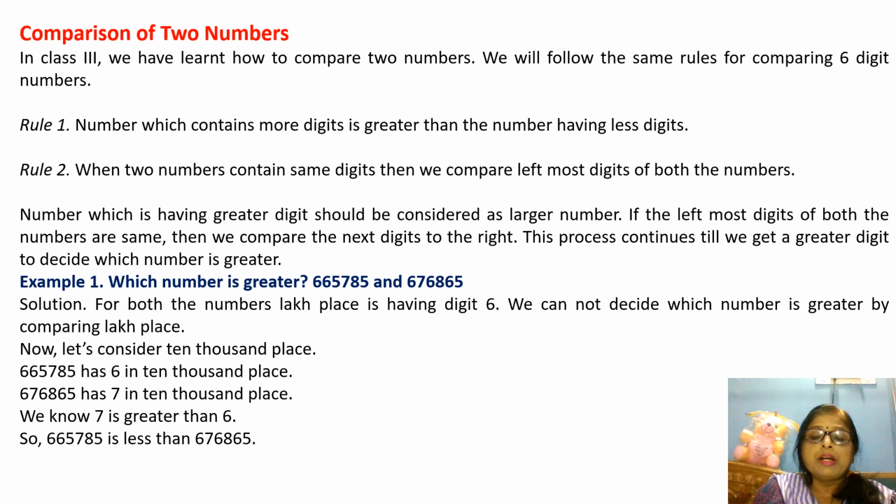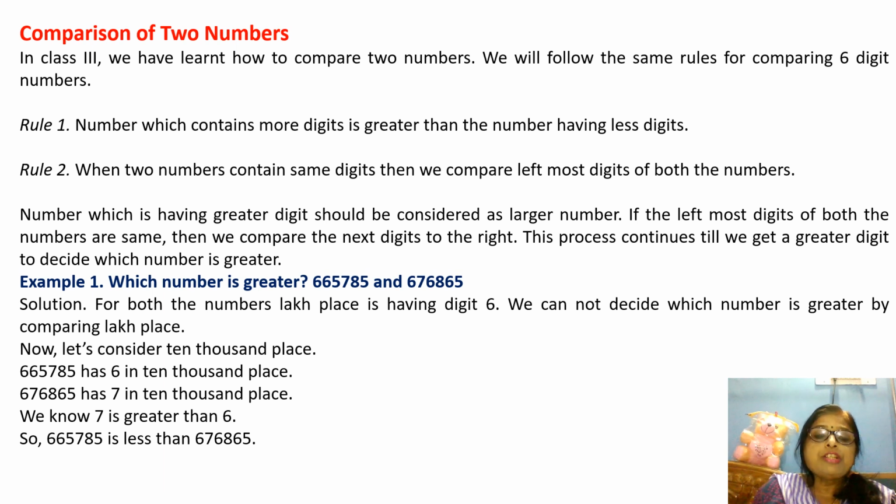The number which has the greater digit should be considered as the larger number. If the leftmost digits of both the numbers are the same, then we compare the next digit to the right. In this way, you have to compare and then write it.